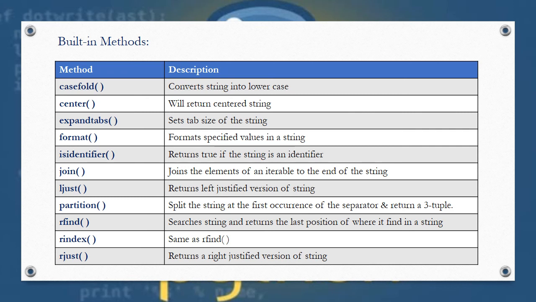It will search the given string and return the last position of where it finds the value in a string. The rjust method returns a right-justified version of the string.